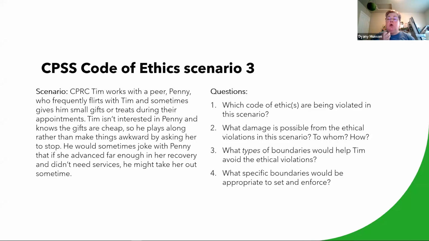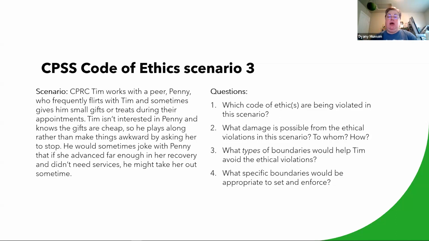We don't know what symptoms she has. She's in a substance use recovery situation with a recovery coach, and we don't know how some of the things that have led to her substance use are affected here. That can lead to trust issues with herself, issues of self-worth, trust issues with not just Tim, but all providers.